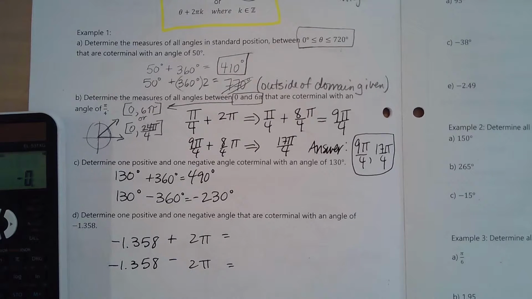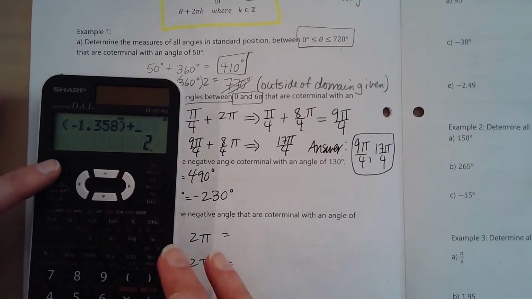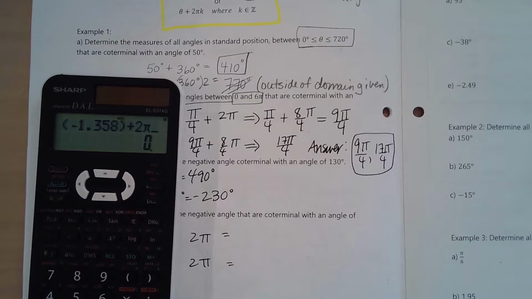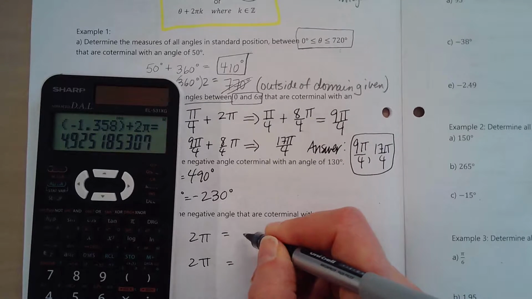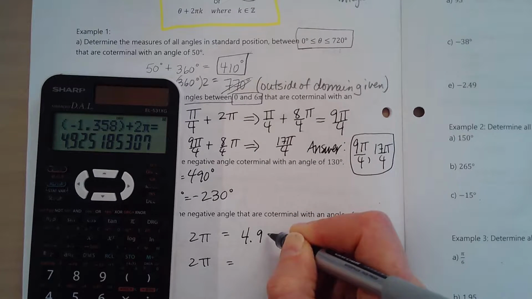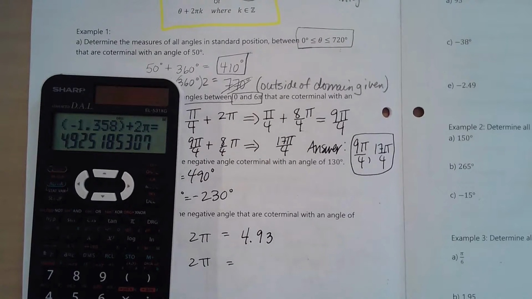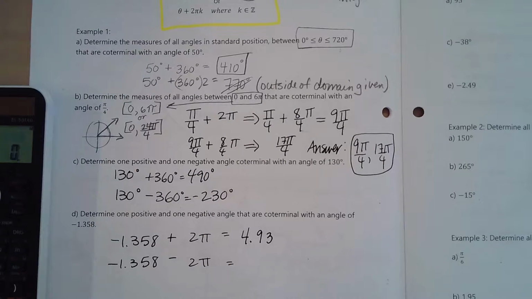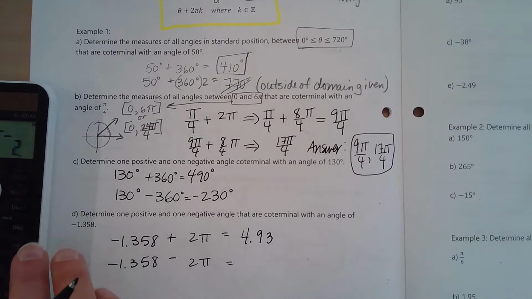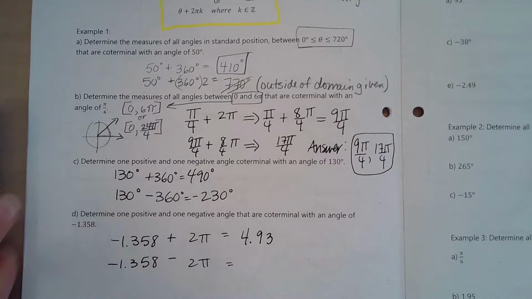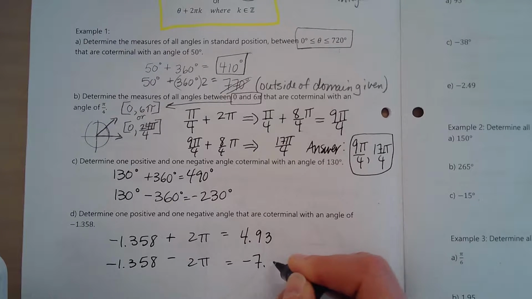So negative 1.358 plus 2 pi, wherever your pi symbol is, equals 4.93 if I use 2 decimals. And then negative 1.358 subtract 2 pi, and I get negative 7.64.